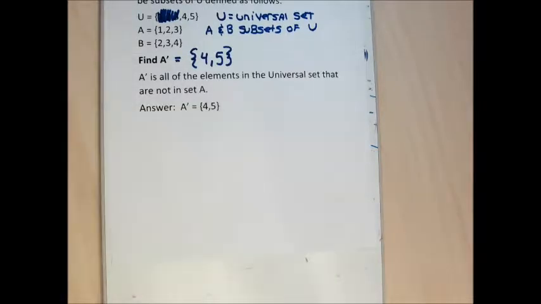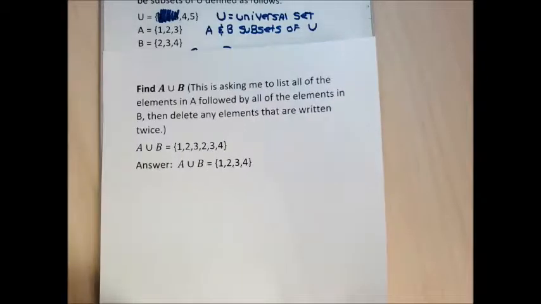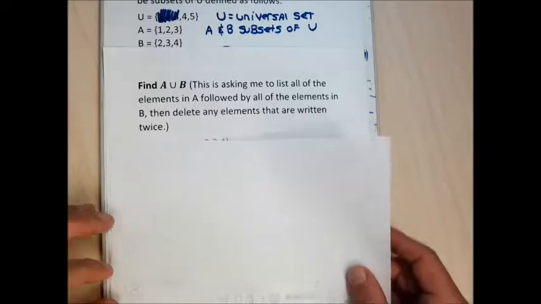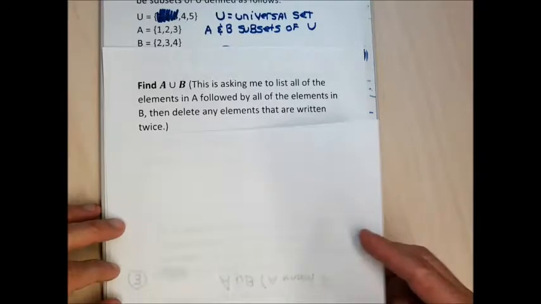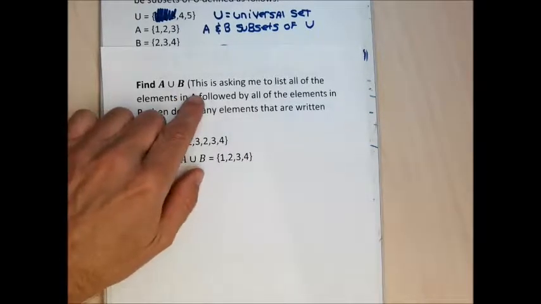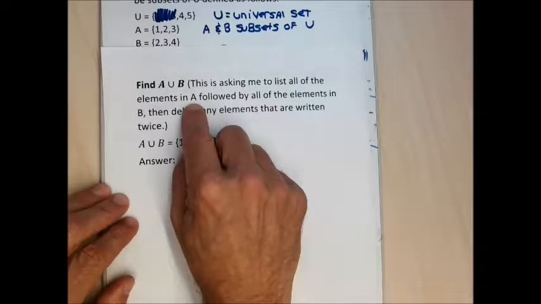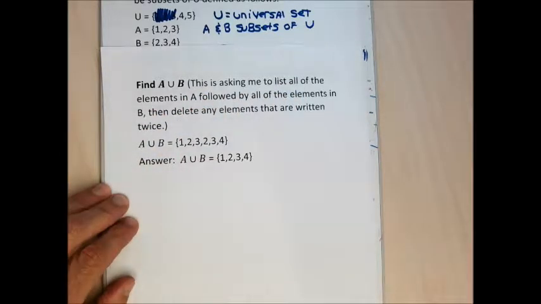The third operation is the operation where if you're going to mess up, this is probably where it's going to happen. So the next thing I want to do is find A union B. And A union B is listing all of the elements that are in set A, or in set B, or in both.